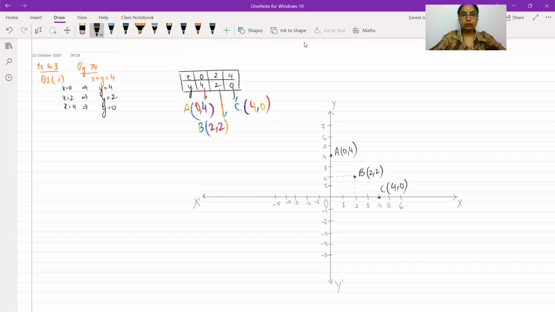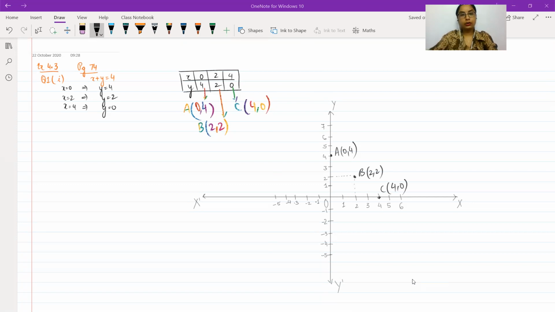You can draw a line. Use your ruler and place it along these points and see if all of them fall in the same straight line, and then you will know that yes, your work is correct.